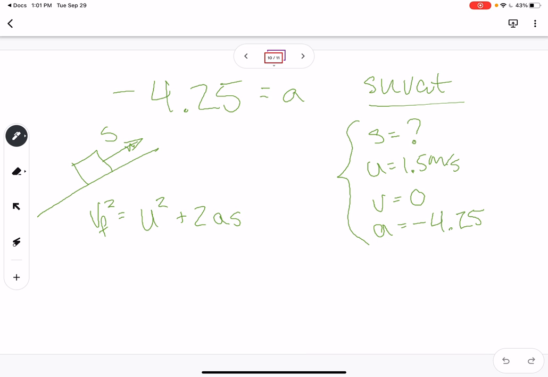V final, 0 squared equals 1.5 squared plus 2 times negative 4.25 times S. We now have an equation.